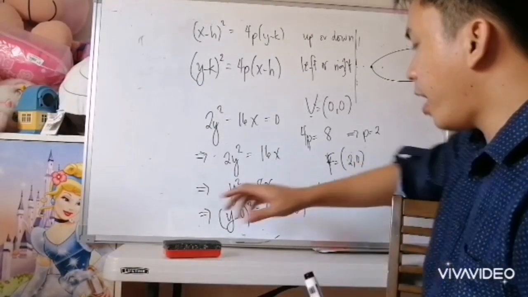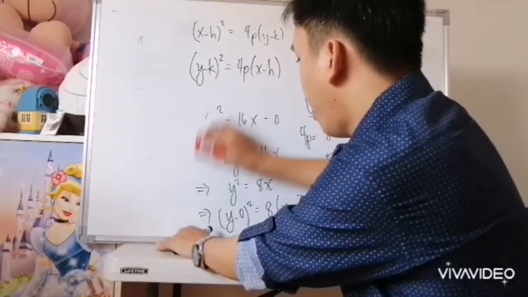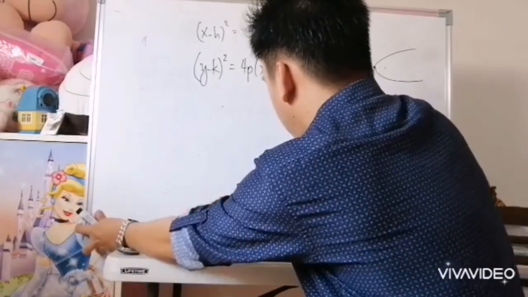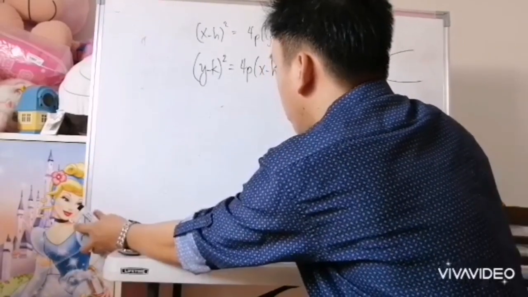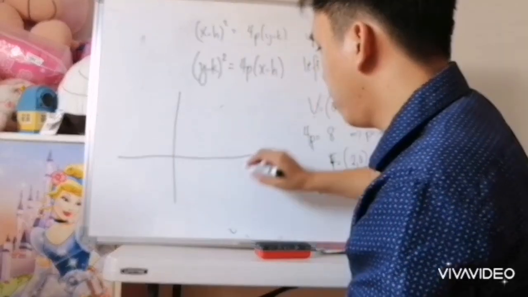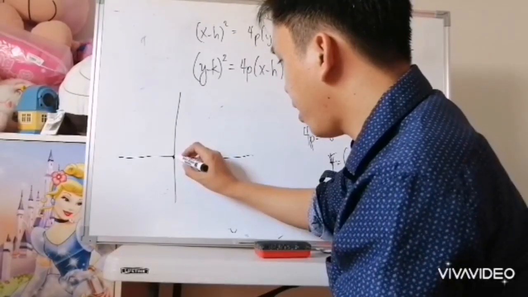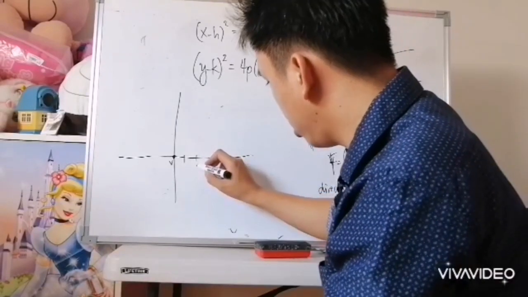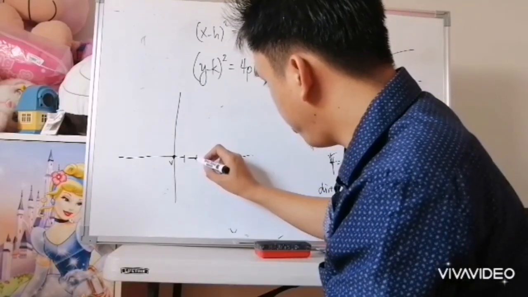If you're going to plot this on the graph, you'll get this. So this is your vertex. 1, 2, this is your focus.